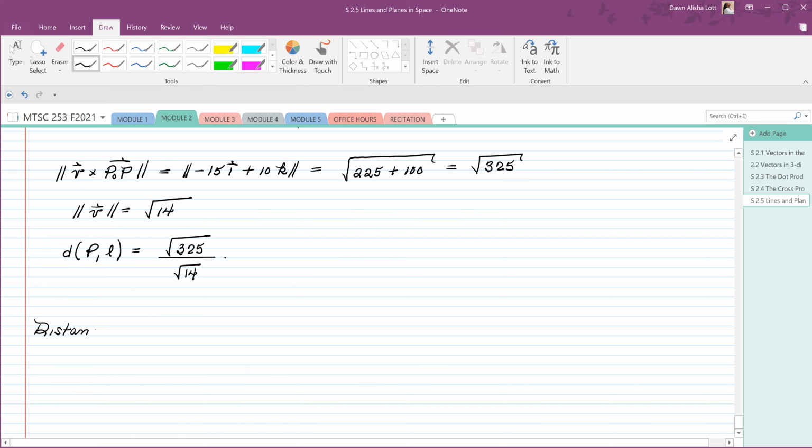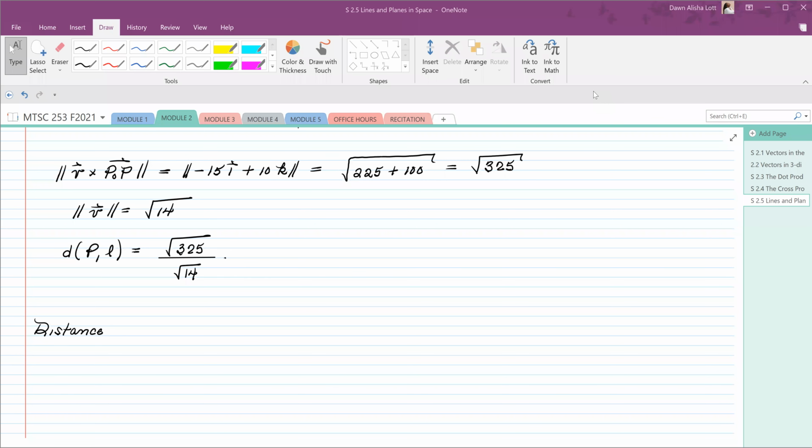This is the distance from a point to a plane.